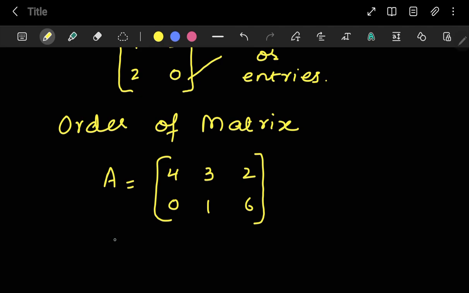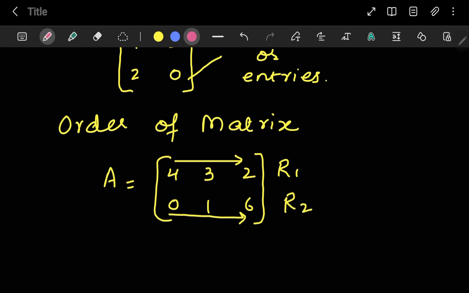For example, the numbers 4, 3, 2 are in the horizontal way. So this is called row 1, and 0, 1, 6 are the numbers arranged in row 2.